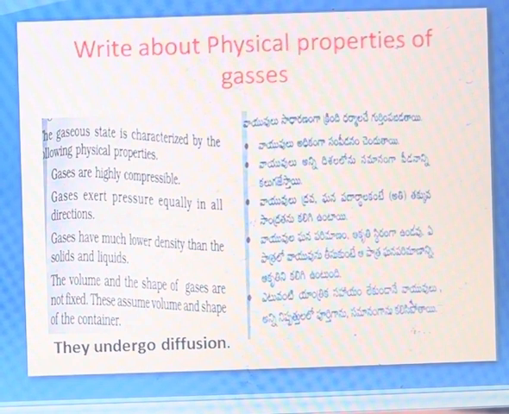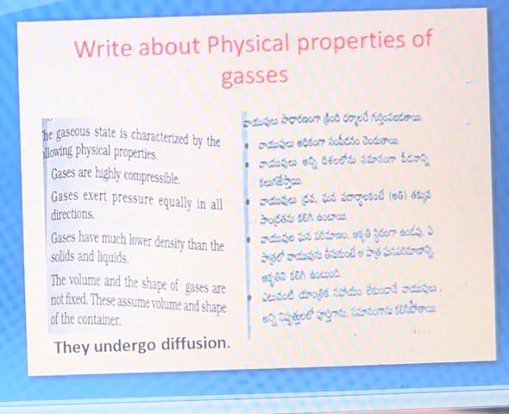Gases have much lower density than solids and liquids. Why do they have less density? What is density? Density is nothing but the number of molecules present in unit volume.